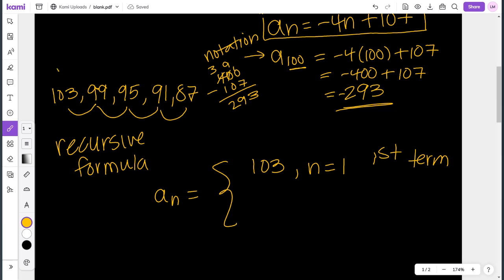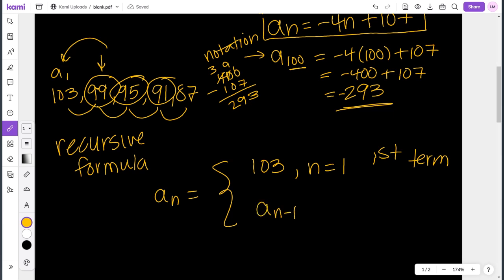So if this is my first term, how do I find this term? So that's a sub 2, right? This is a sub 3, this is a sub 4. So I find this term by taking the previous term and subtracting 4. Well, if I'm on term number 2 and I'm taking the previous term, my subscript looks like this.